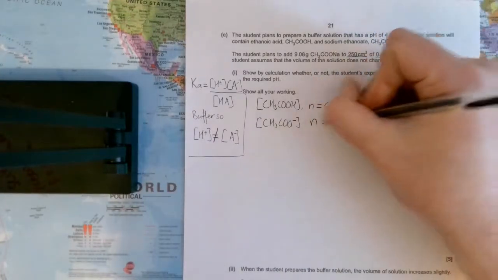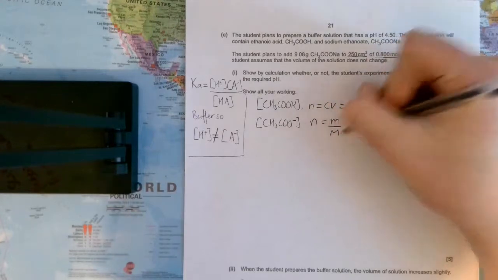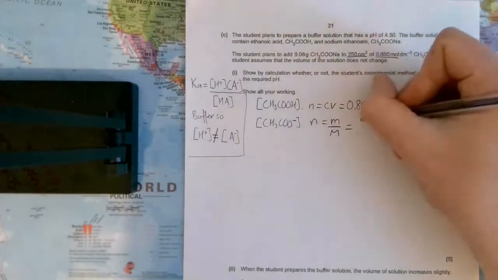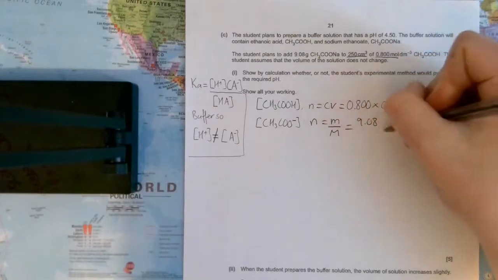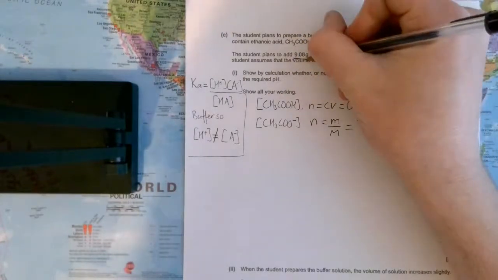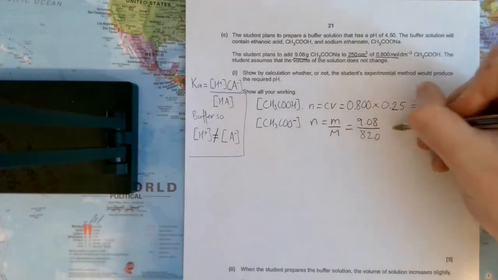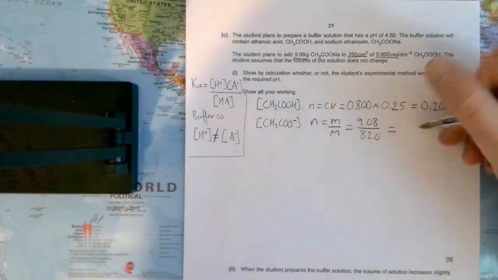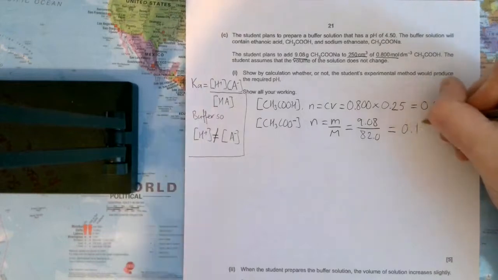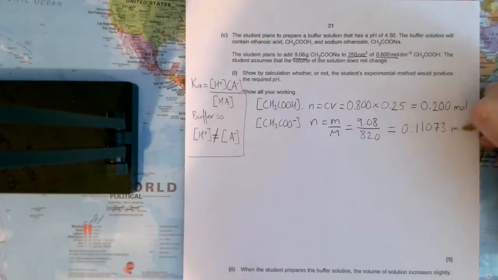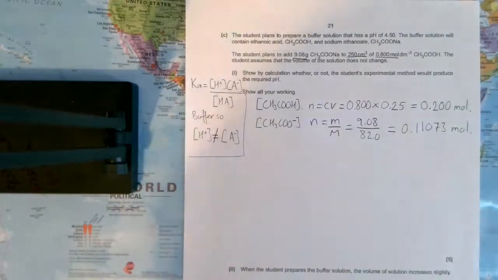Don't panic. n equals m over M. So that equals 9.08, which is given to us here, divided by 82.0, which equals 0.11073 moles. Now I'm going to stop at that point.